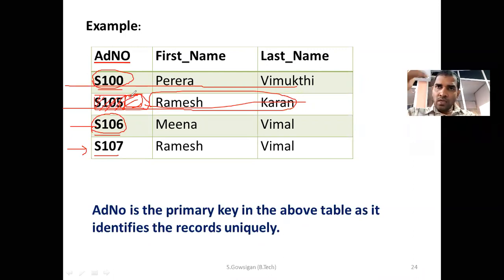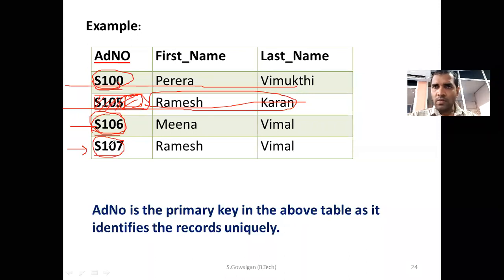What is primary key? A field which is used to identify every record in a table. The first record is identified by S100, which is admission number. The third record is identified by S106. That is also admission number. The last record is also identified by S107.